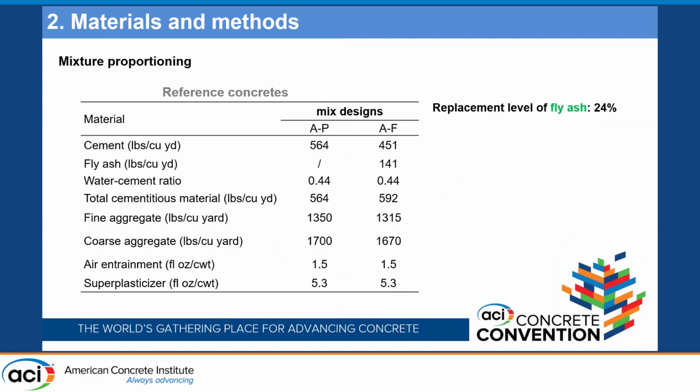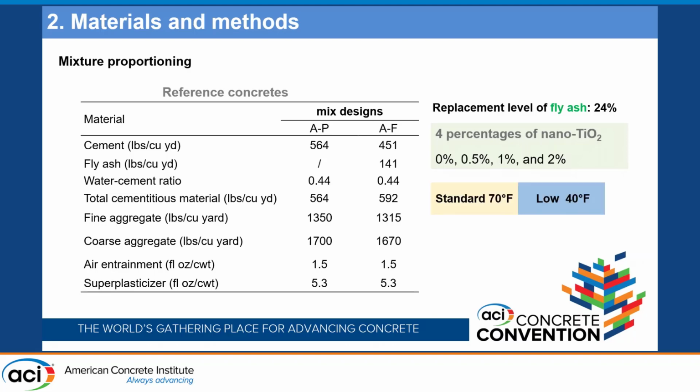So we were comparing concretes that were plain concretes and concrete containing fly ash. Cement was replaced using 24% by weight of fly ash. It was class C fly ash. And we used essentially 3 levels of addition of nano titanium dioxide, as you can see here, 0.5%, 1%, and 2%.